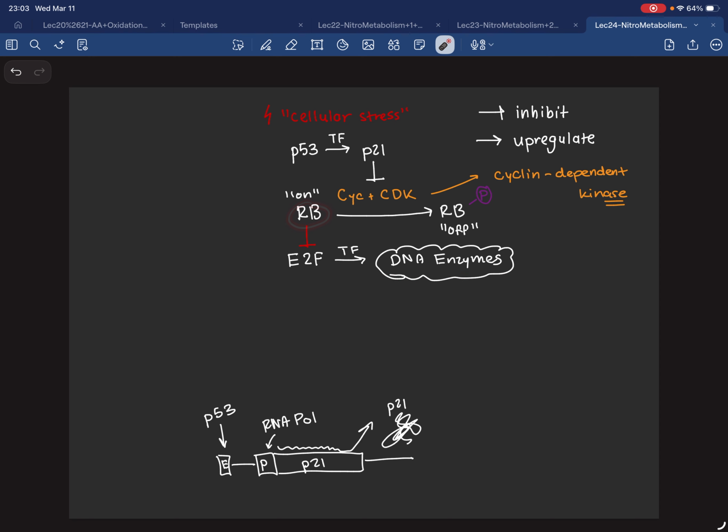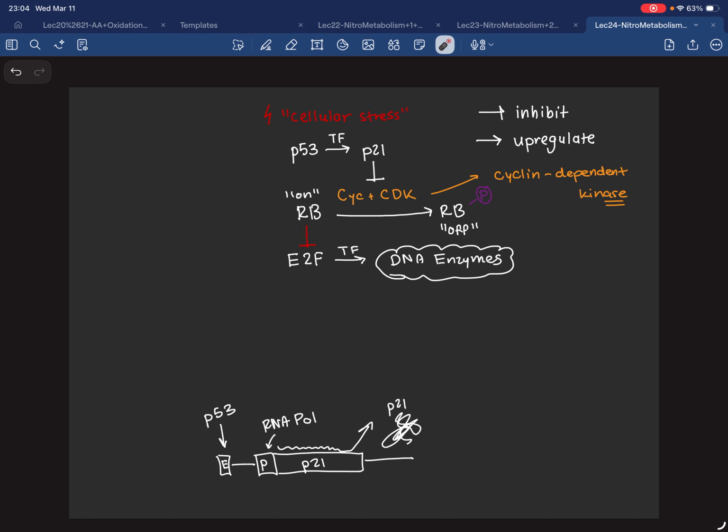RB is the brake pedal for DNA replication. That's why it's inhibiting this transcription factor that helps DNA replication. Cyclins cut the brakes, right? Cyclin and CDK here, they're responsible for turning off RB. They are cutting the brakes. They're destroying this co-repressor, and this can continue on its merry way. That's why cyclin and CDK advance the cell cycle. They destroy the brakes.